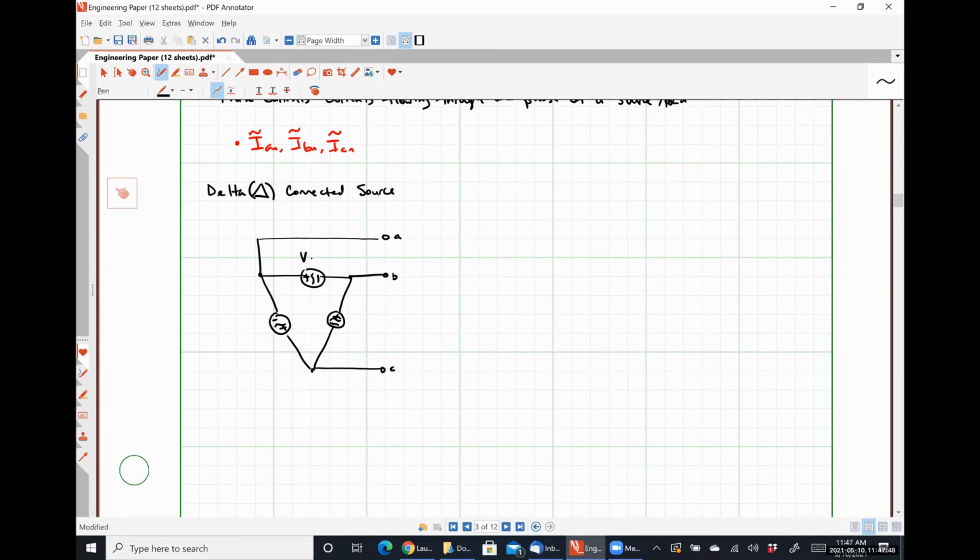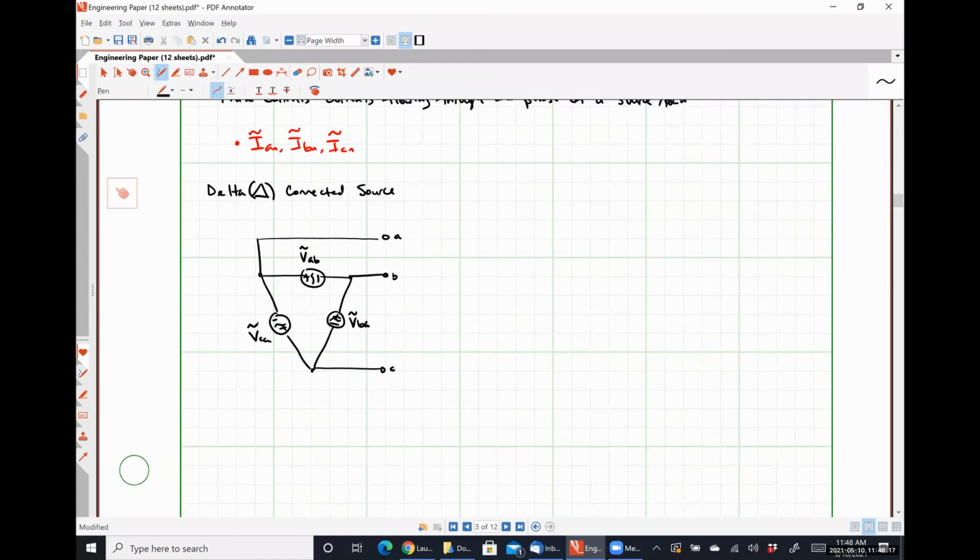So this is VAB, VBC, and VCA. Okay. There is no neutral connection for a delta connected source. Okay, so there is no place to put a neutral wire, even if we wanted to. All right, they're just all strung up kind of in series in a circle like that.